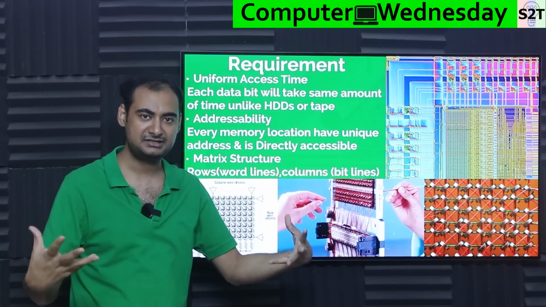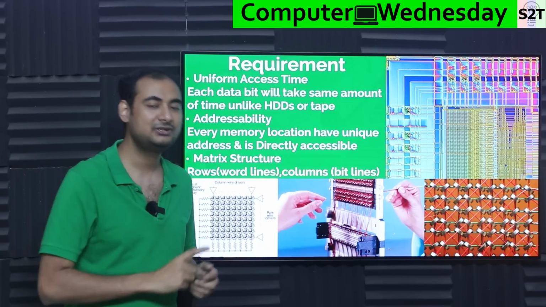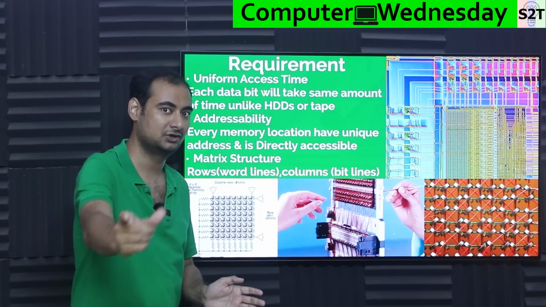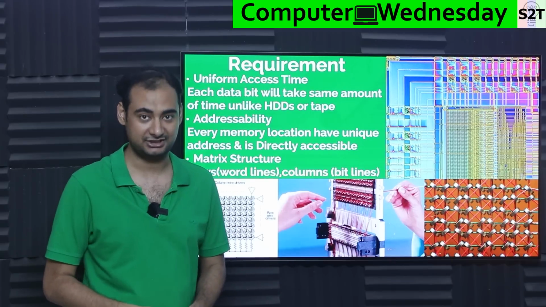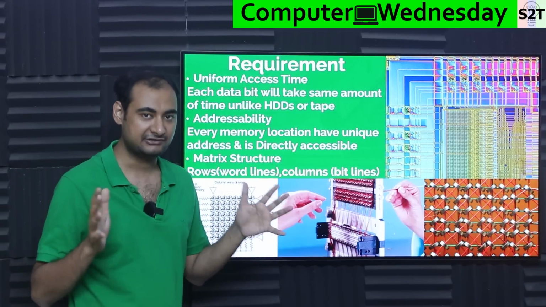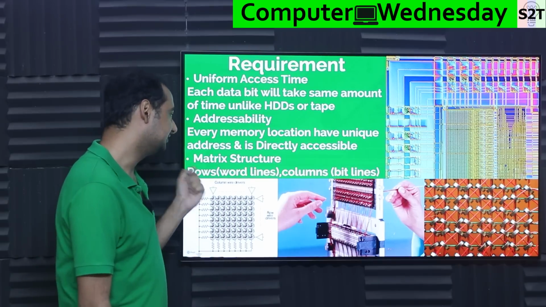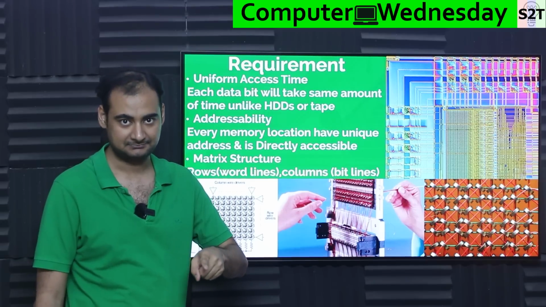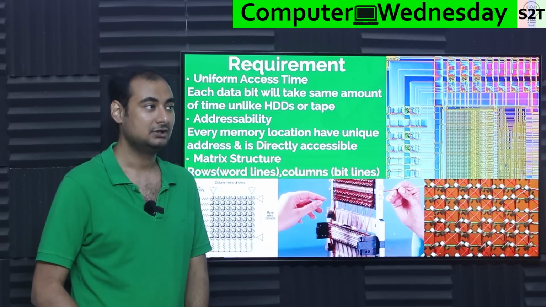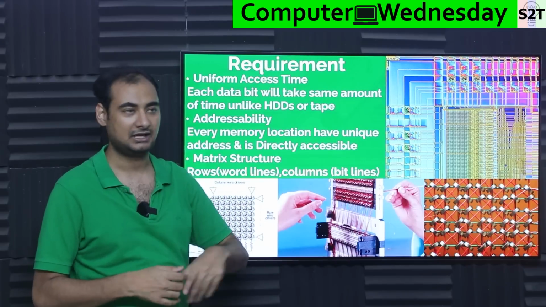Think in this way, in the library sense, it's literally asking for an exact word, and RAM should be good enough to say, I got you. This is the word that you're looking for. Every single word is cataloged. So it has to be a very good addressable technology, so to say. It has all the hardware locations uniquely addressed and directly accessible. So a computer can actually make a lookup table, where it's like, I got this, I got this, I got this.